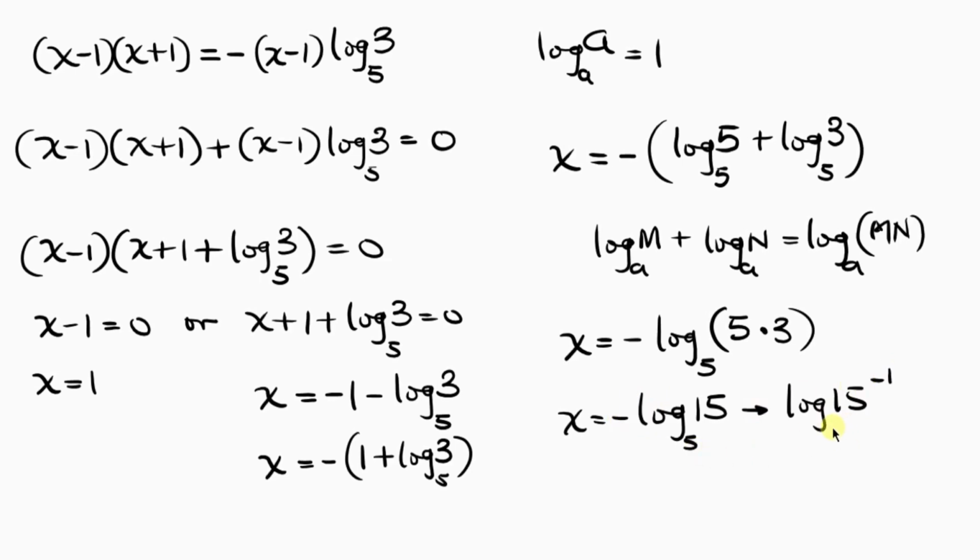And now base 5. So which can also be written finally as log, this is an inverse of 15, which is 1 all over 15 base 5. And there you have it. So x is equal to 1, and the other value for x is equal to log 1 over 15 base 5. There we have it.